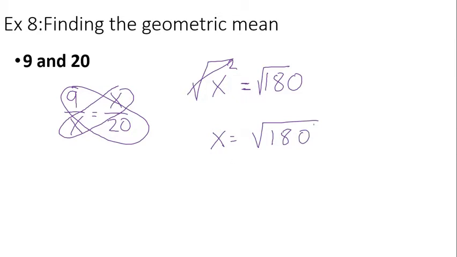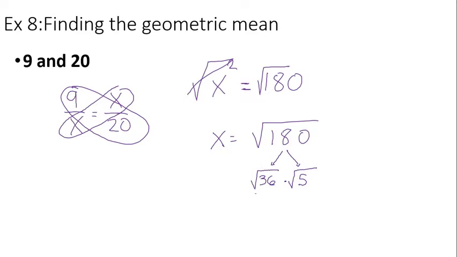All right, so now I want to break this down, take the square root of it, see if I could reduce it some more. So what I'm going to do here is find perfect squares that go into 180. So two numbers that multiply by it is 36 and then 5. So 36 times 5 gives me 180. And I still break it down like this.